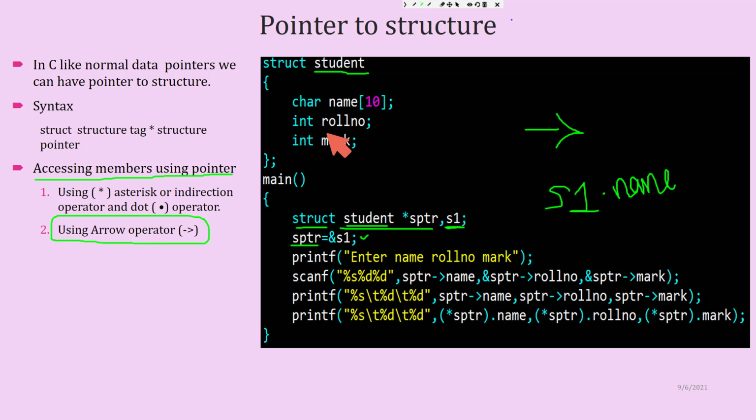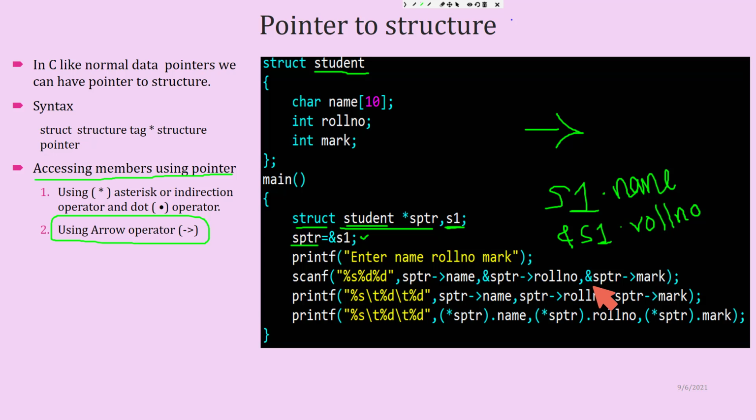Next I am reading roll number. Earlier I have written ampersand S1 dot roll number. When I am using a structure variable, I have to use the structure variable dot roll number. Here I am reading using a structure pointer, so ampersand SPTR, because SPTR is a structure pointer, arrow operator, roll number.